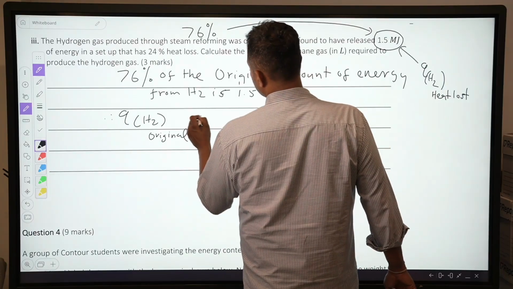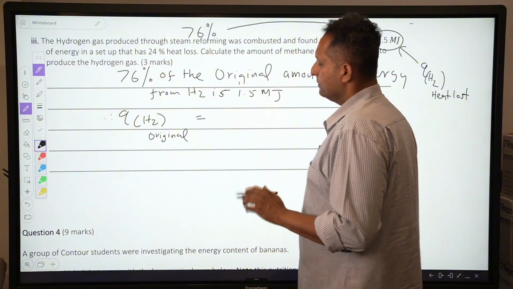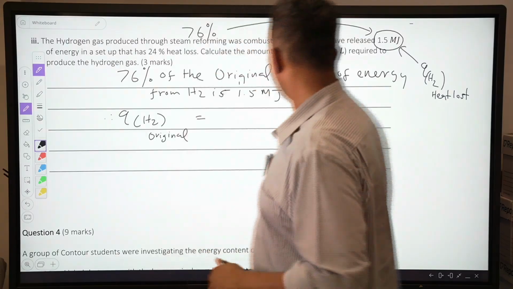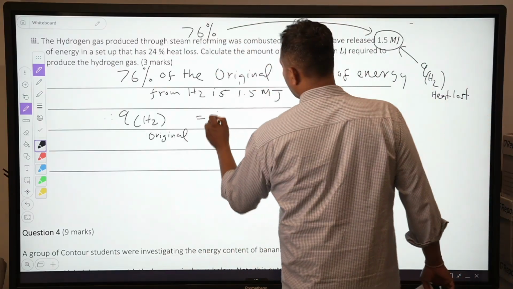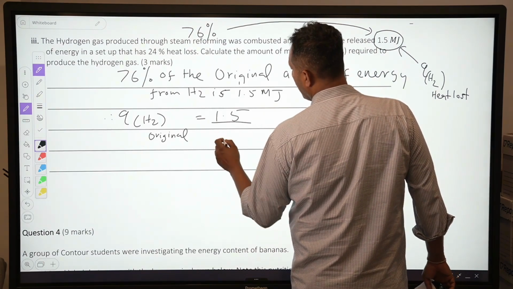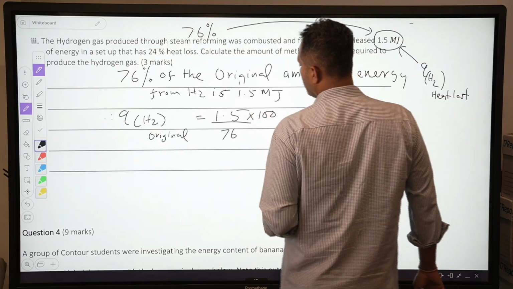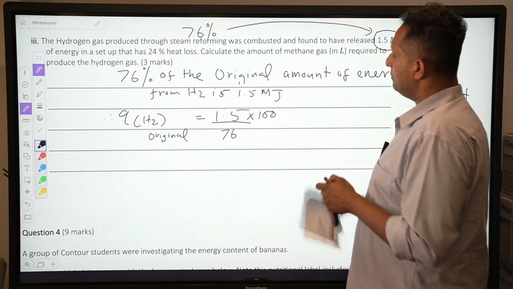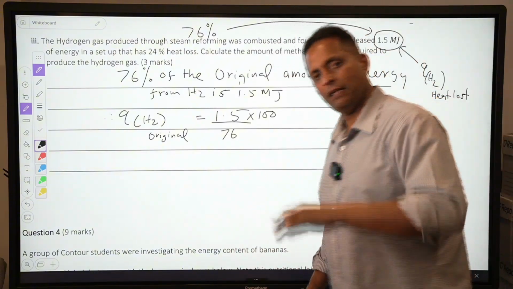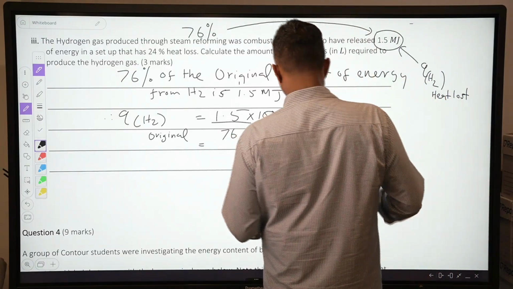To do that, what do you need to do? The original value should be a higher value than 1.5. Therefore, to find the original value, how do you get a higher value? You need to divide it by 76 times by 100. Because if you do the other way around, you get a lower number. Now you need to know that the original is the higher value. Is that clear?